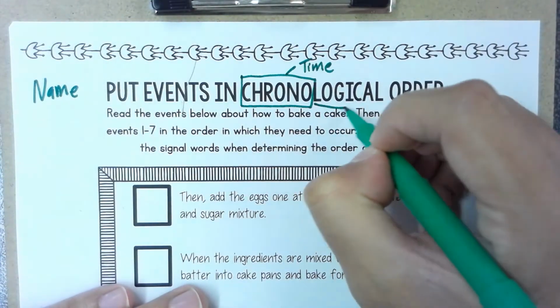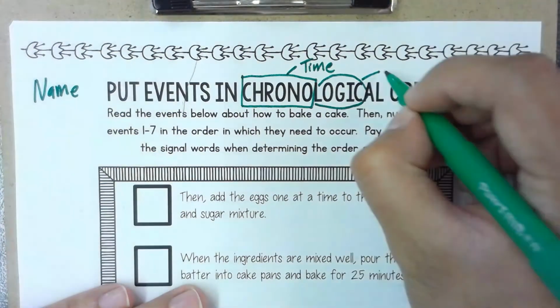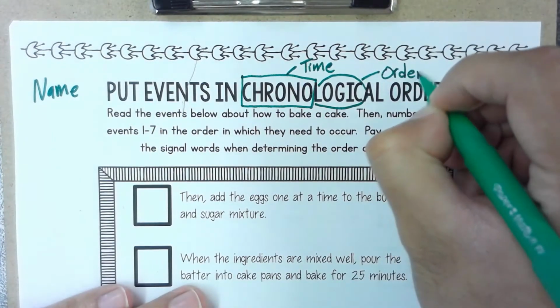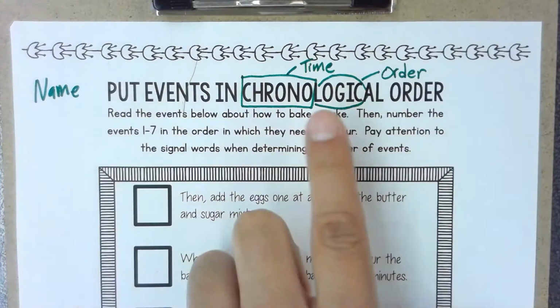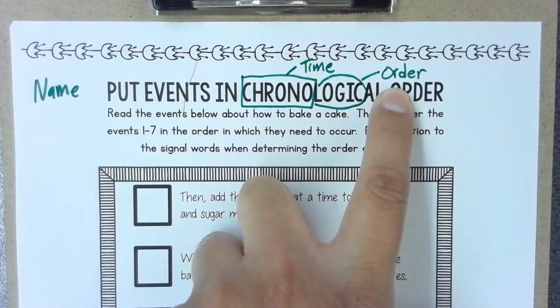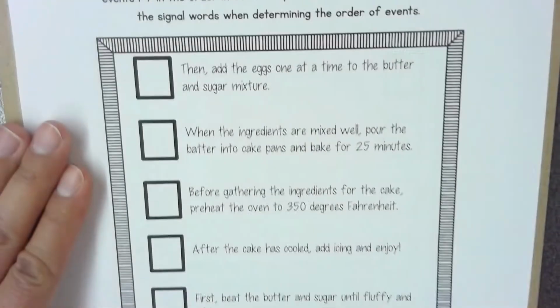And then the word logic means order. So we're putting events in order, dealing with time. Let's look at our first event.